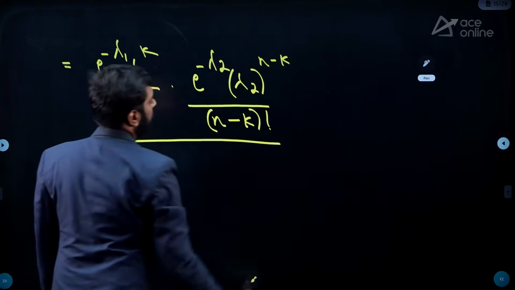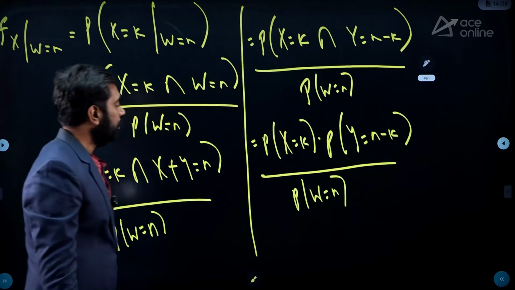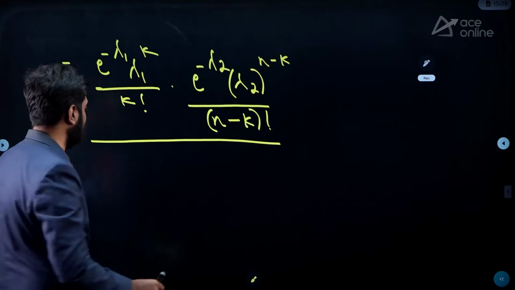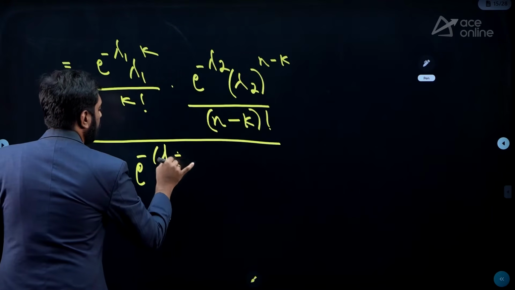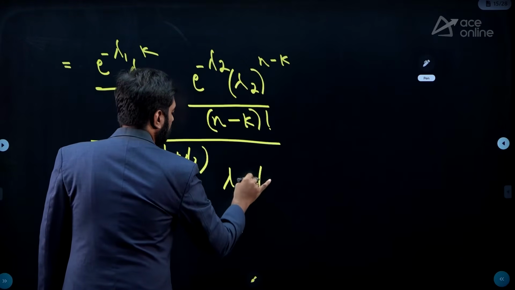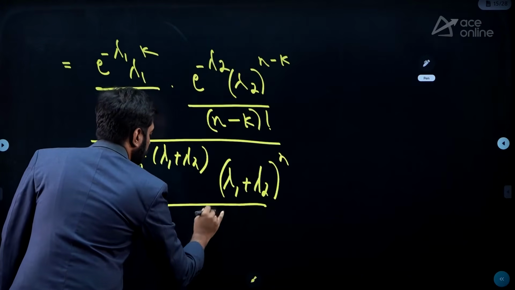And then w is also Poisson and it is equal to n. What's the parameter of w, or the mean of w? Lambda 1 plus lambda 2. So this will be e power minus of lambda 1 plus lambda 2, times lambda 1 plus lambda 2 whole power n, by n factorial.